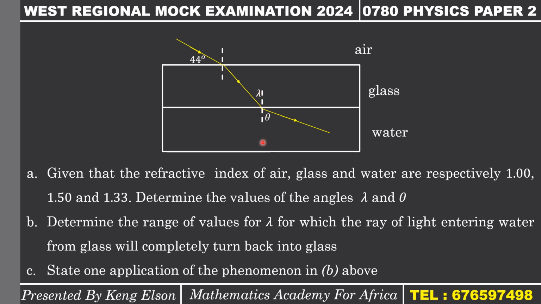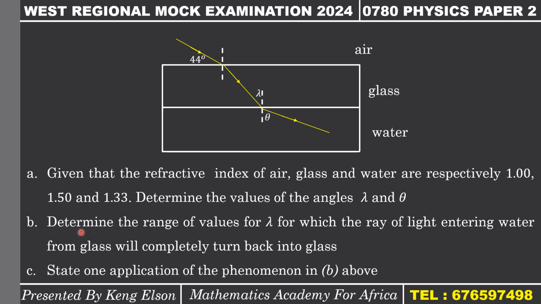Now when it enters water, it is being deviated or refracted, bent again, and the angle between the final ray of light and the normal is theta. Now question A: given that the refractive index of air, glass and water are respectively 1.00, 1.50 and 1.33, determine the values of the angles lambda and theta.